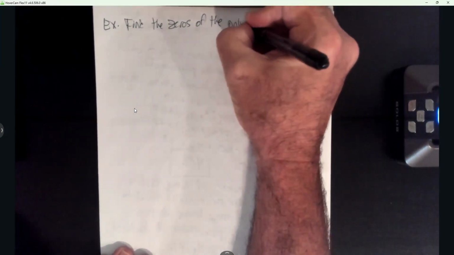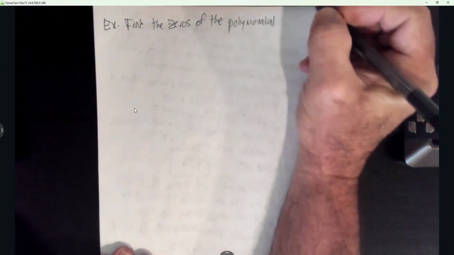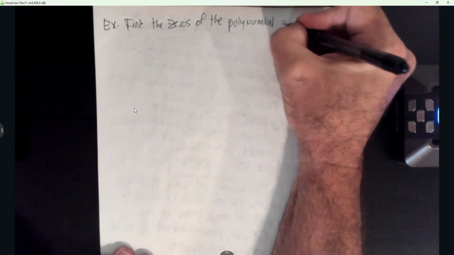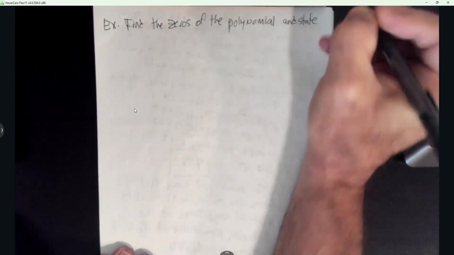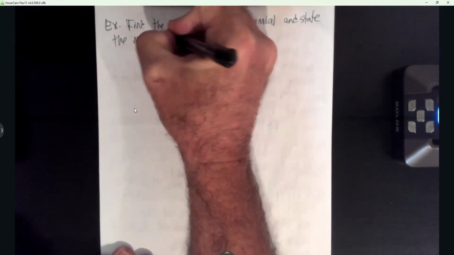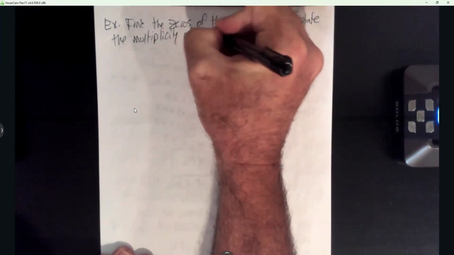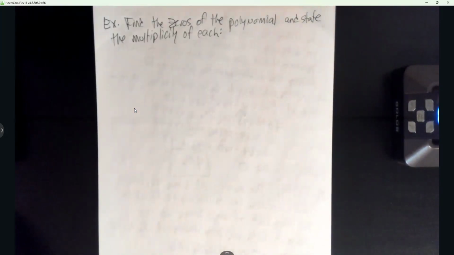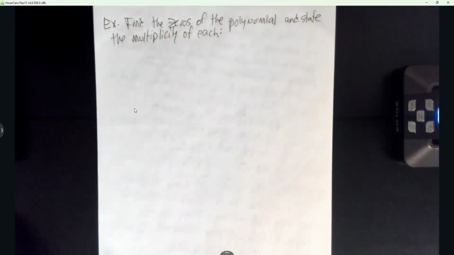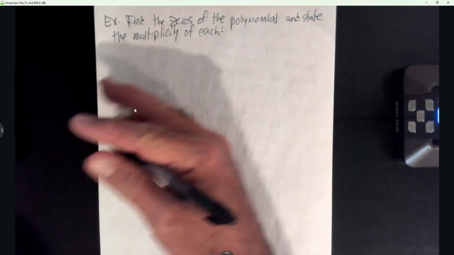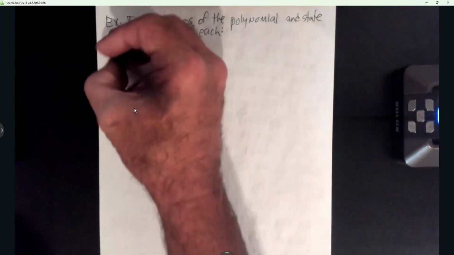So they want me to find the zeros of the polynomial and state the multiplicity of each. So y'all let me see. There's 1, 2, 3. So 3 doing this. So these will start at 6.